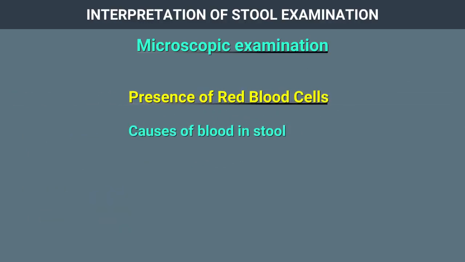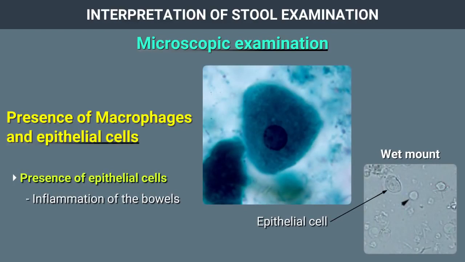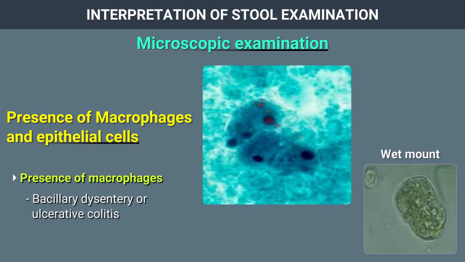Causes of blood in stool can be hemorrhoids, GI tract malignancies and dysentery. Presence of macrophages and epithelial cells. Presence of epithelial cells is indicative of inflammation of the bowels. Presence of macrophages is indicative of bacillary dysentery or ulcerative colitis.